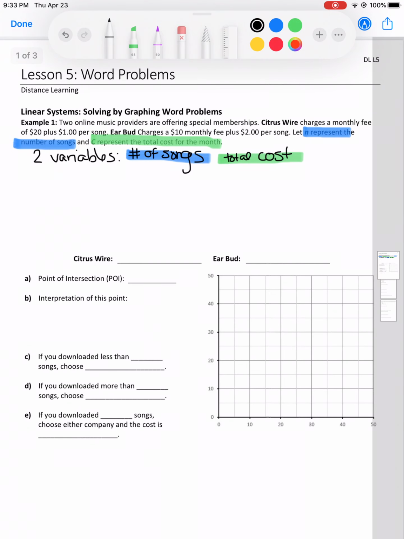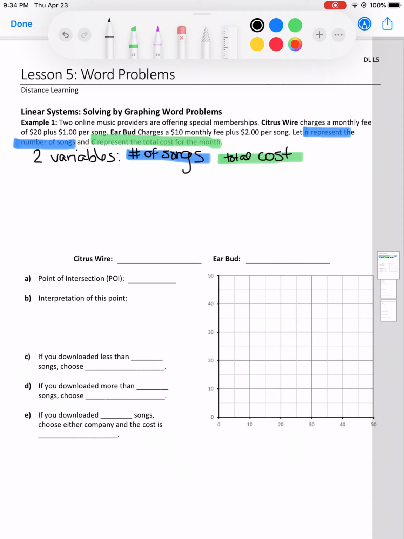Okay, so now we just need to determine where they go with respect to our equation. One thing that we need to remember too is which one is dependent and which one is independent. So which one depends on the other? Now again, I know you guys can always fight me on this and make it the other way because that's what you guys just love doing.